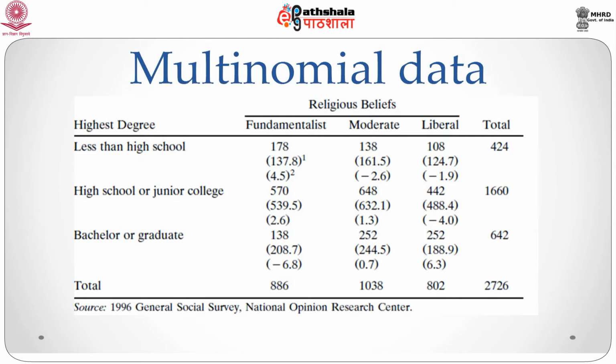The most popular and common kind of count data, of course, arises from a contingency table. So here is an example of a contingency table where we have looked at two factors: the highest degree which a person might have received, classified as less than high school or junior college, bachelor or graduate, and the person's religious belief: fundamentalist, moderate, liberal.